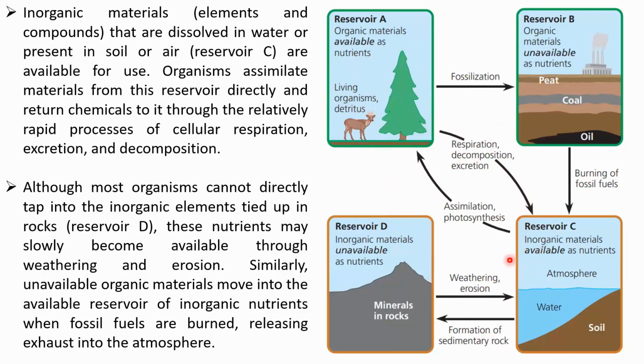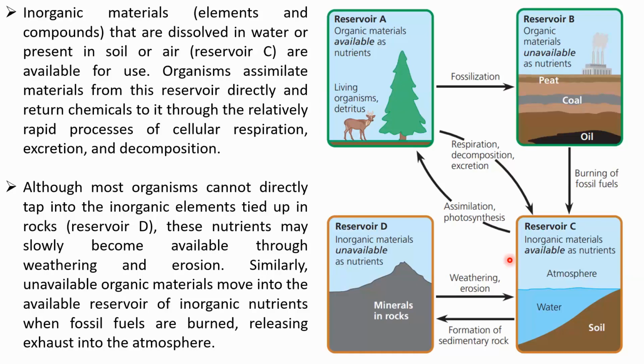The flow of nutrients between reservoir A and reservoir C is quite rapid compared to reservoirs B and D. Reservoir B is usually the reservoir of organic materials in the form of fossils, especially peat, coal, and oil, and these fossils release nutrients only on burning.